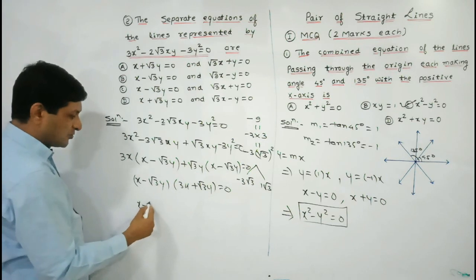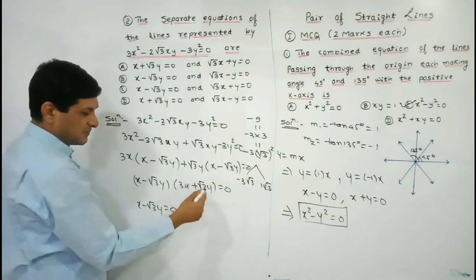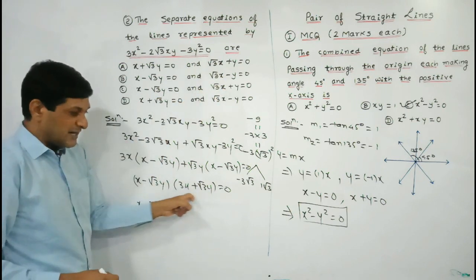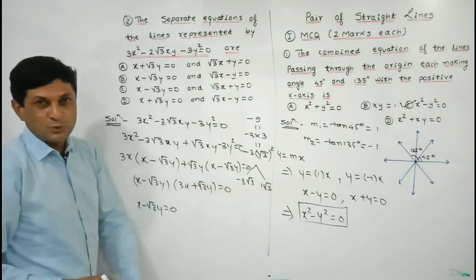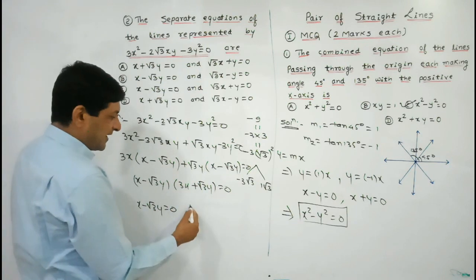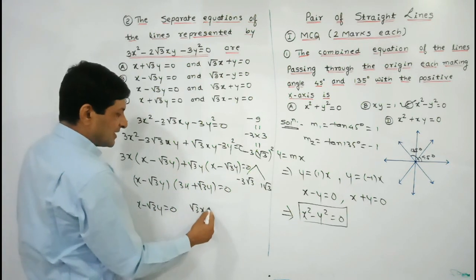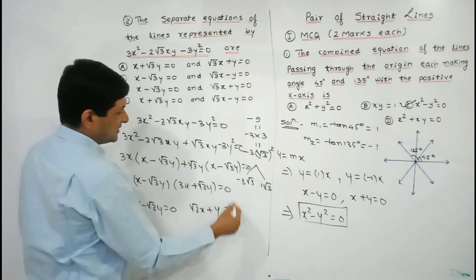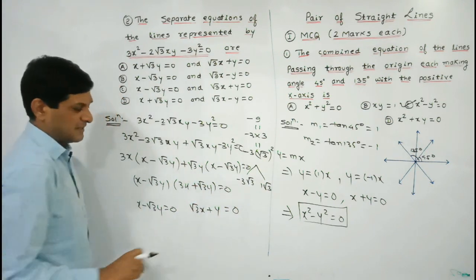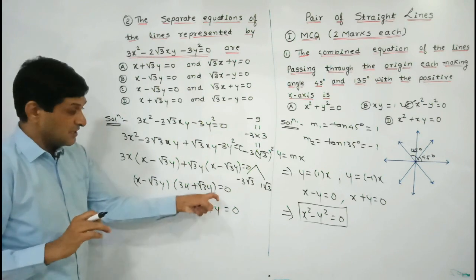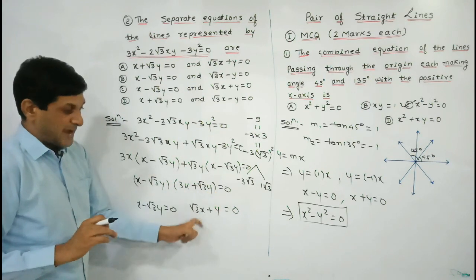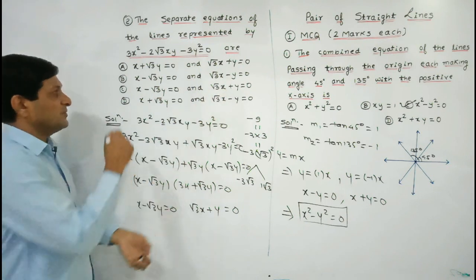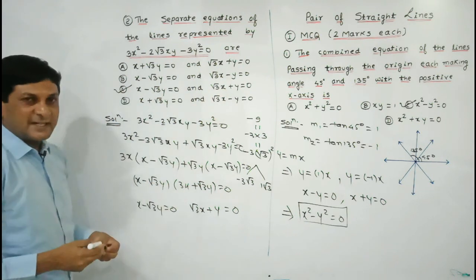So x minus root 3y is equal to 0 is the first equation, and second equation, to obtain such type of equation we are dividing both side by root 3. चलो यहाँ पे root 3 से डिवाइड किया तो root 3x मिलेगा. यहाँ पे अगर root 3 से डिवाइड किया तो root 3 कैंसिल होगा और इधर root 3 से डिवाइड किया तो 0 मिलेगा. Just simply this result we have got by dividing both sides by what? Root 3, and this result appears in this option. So we can say that C option will be the correct answer.